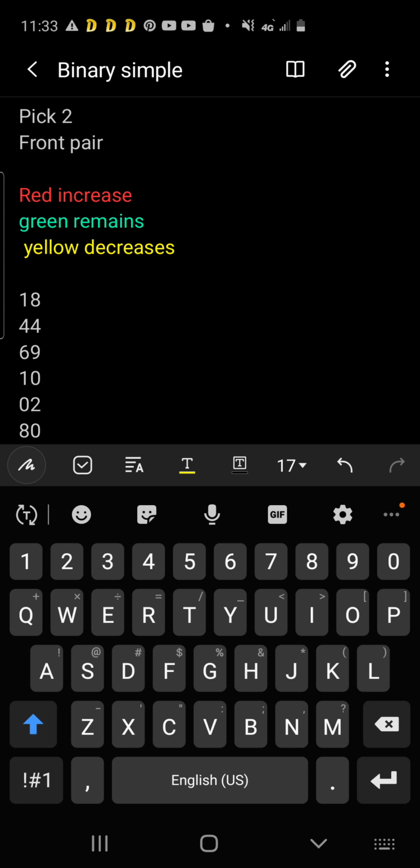What we do now is go ahead and put the numbers in. You got 1.